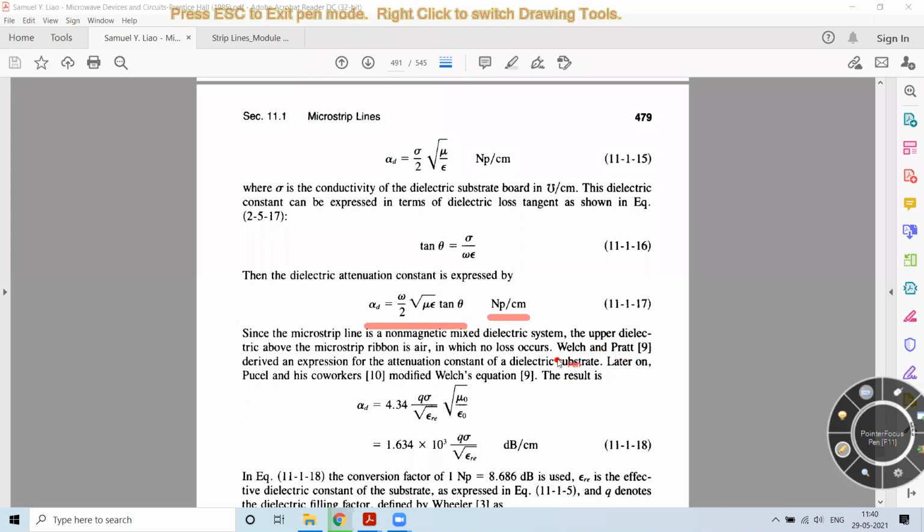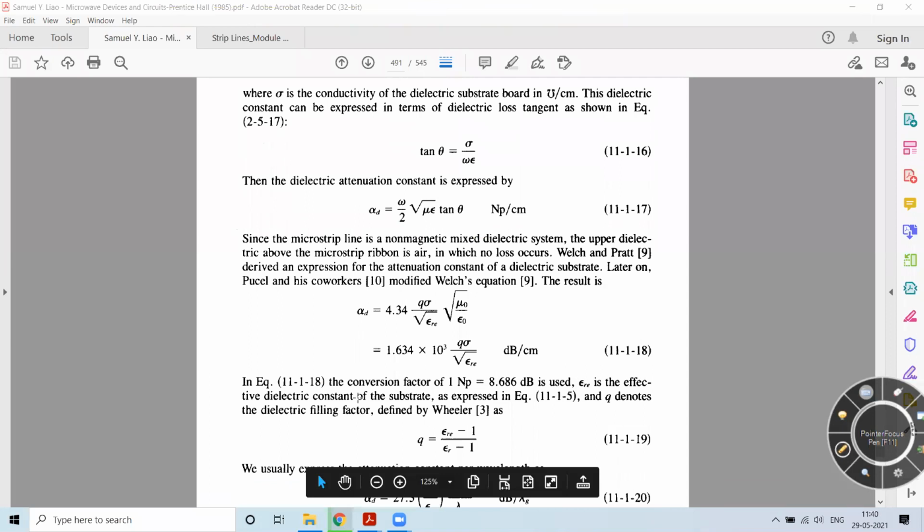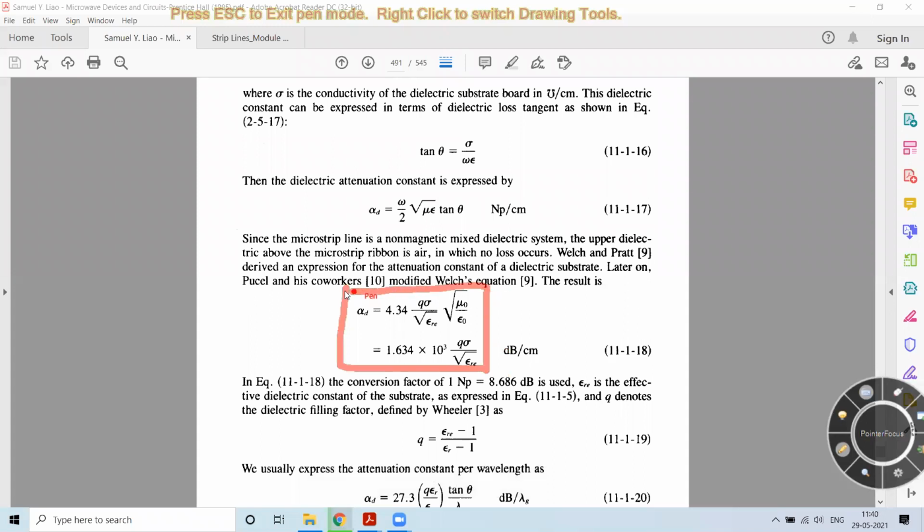Based on a few references to papers or books, the equation we have seen can still be simplified in terms of the dielectric filling factor, what we specify as this equation, in which alpha is specified in terms of the dielectric filling factor. Now here you can see that it is just specified as epsilon. But in the previous case, we were referring to the effective relative permittivity.